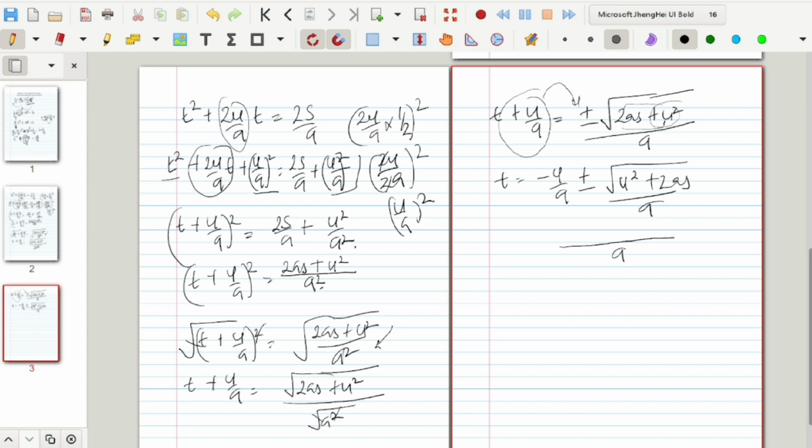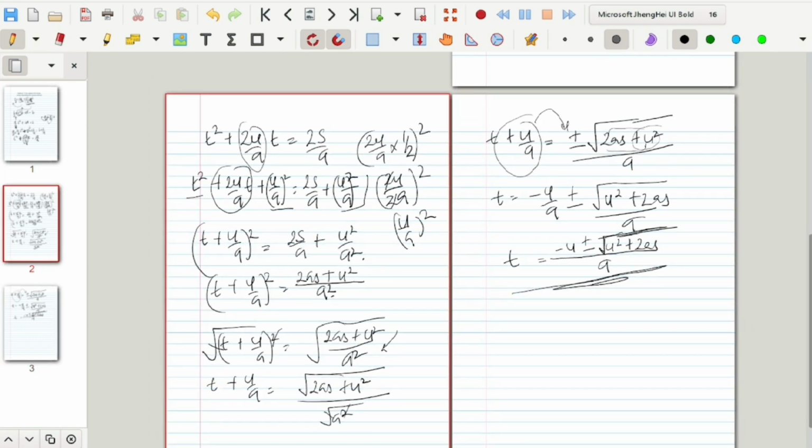A in a is 1, 1 times minus u is minus u, plus or minus a in a is 1, a times the square root of u squared plus 2as. This is actually the final answer of making t the subject of formula.